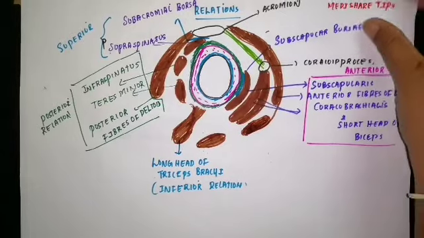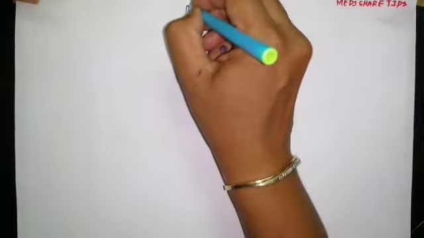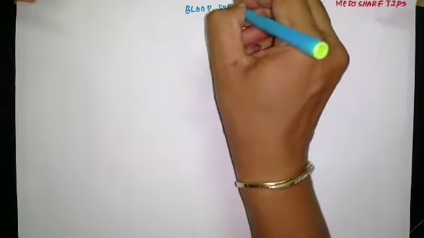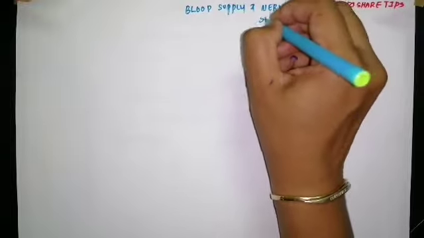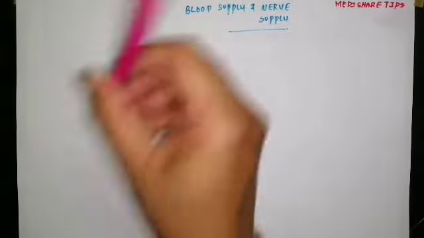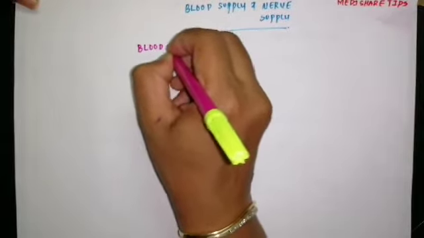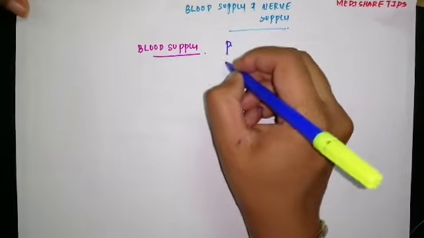Now we will discuss the blood supply and nerve supply of the joint. So what is the blood supply? Use the mnemonic PAS.